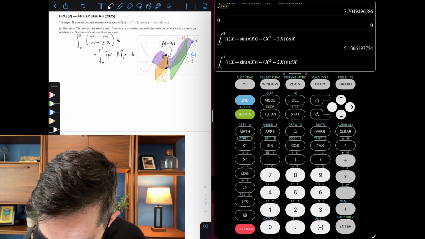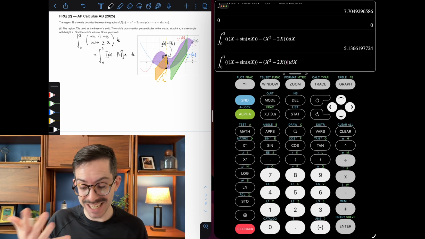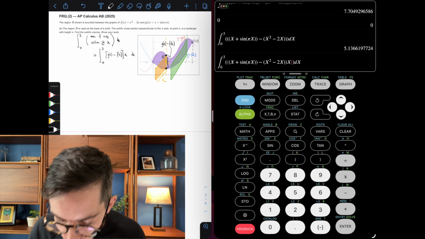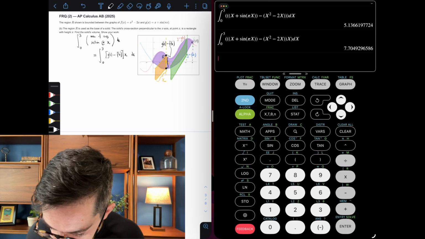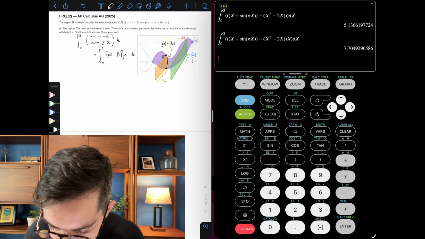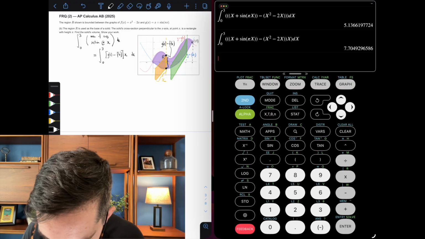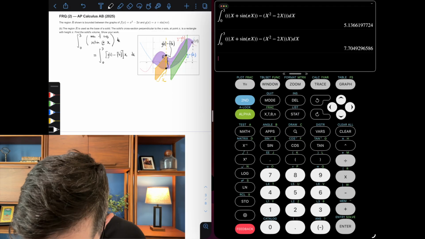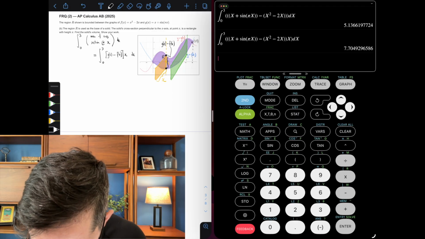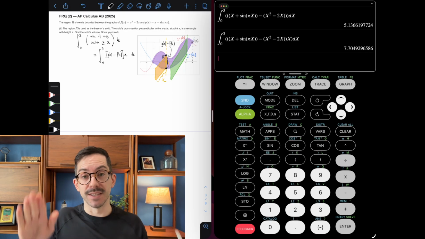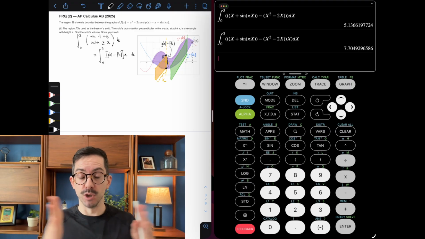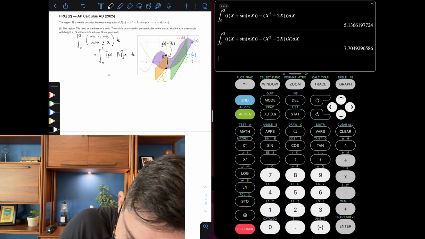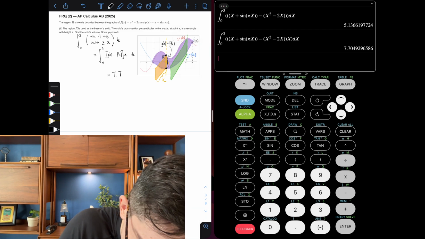I'm going to go back into it and make sure that I just add in now that x that I want to multiply. Now I have a lot of parentheses going on here, so let's just make sure that it's all pairing up correctly. Okay, we've got x plus sine x, we've got the other difference, I've got those close together, I'm multiplying by that x, and then I'm closing the parentheses for the overall integrand. Great. So our final answer is going to be 7.705.